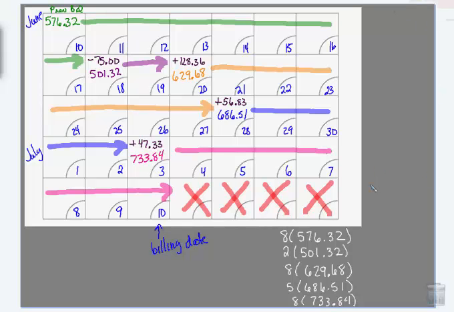Okay. Multiply all this out. My sum is going to be $19,953.91. And then I'm going to divide that by the 31 days so that my average daily balance comes out to be $643.67.